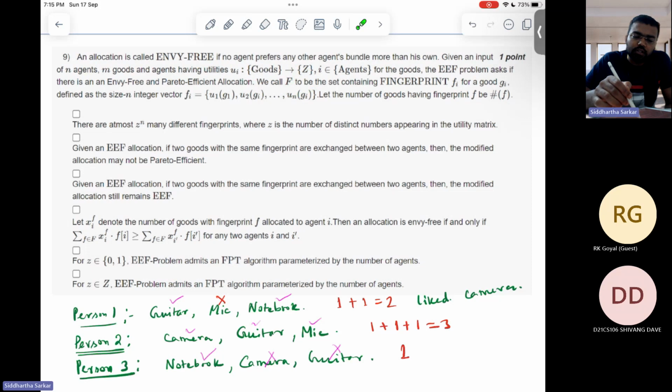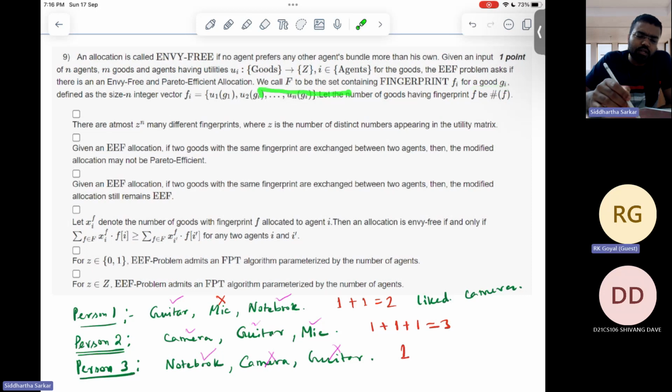And every agent has this utility. The EEF problem, that is the NV-free efficient problem, asks if there is an NV-free and Pareto efficient allocation. We call F to be the set containing fingerprint Fi for a good GI. Fingerprint we have already seen, this is formally saying.